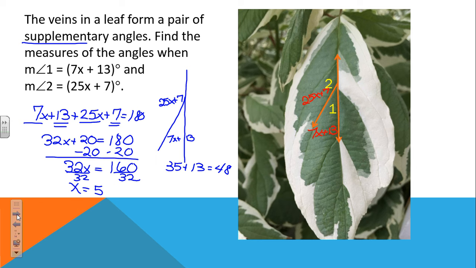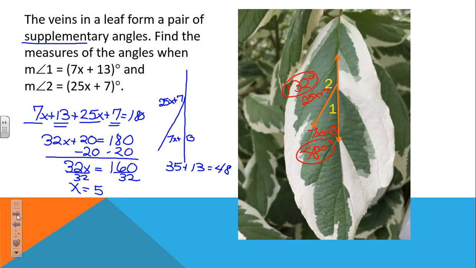Or take 25 times 5 and add 7. Okay, so we get 48 for this one. And how much for the other? 132. What questions do you have about this one? Does everyone see where we came up with that equation? Okay.